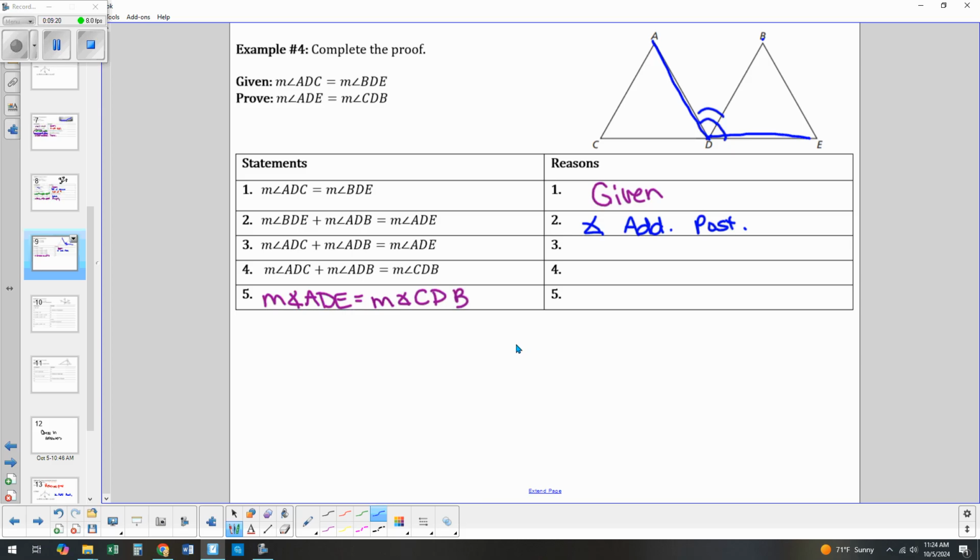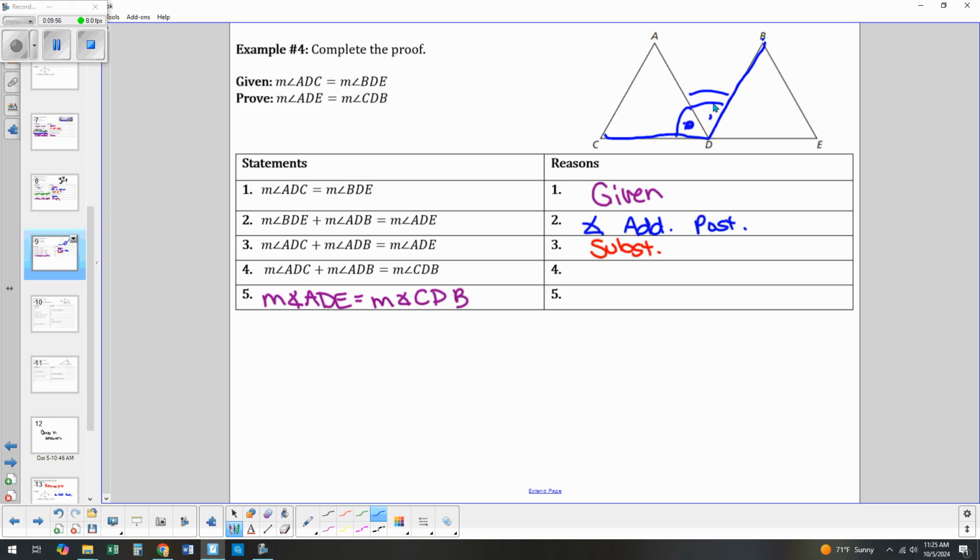Then I have everything is the same in the equation in step 3 as step 2, except the very first spot. Angle BDE turned into angle ADC. So when we turn one thing into another, we are using substitution. Now I have a whole different equation equal to CDB, which I've never seen before. So CDB is the angle they're talking about, made up of ADC, which is this angle in this corner, and ADB, this angle in this corner.